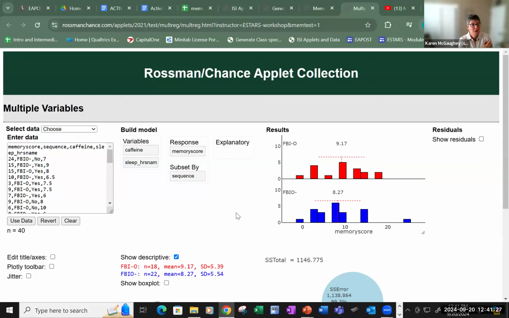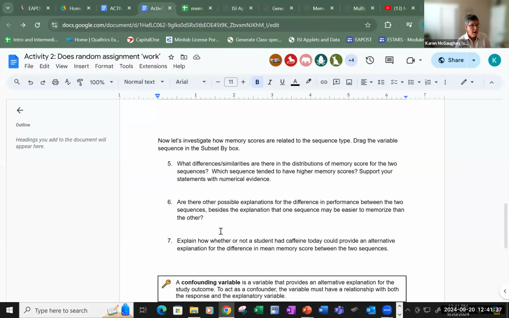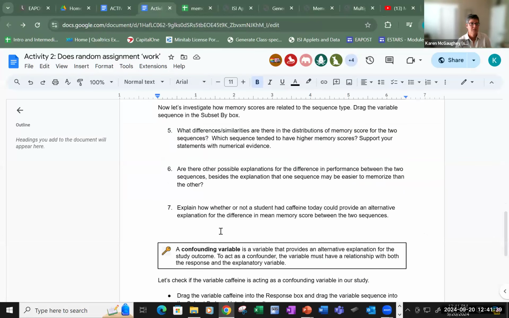So maybe at this point, because I've already primed the students with caffeine and sleep, they might come back to one of those two variables. So I would ask, well, let's just consider caffeine.